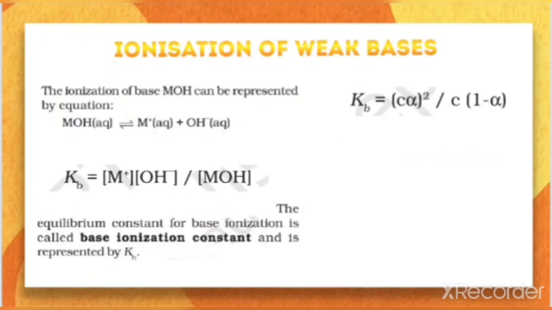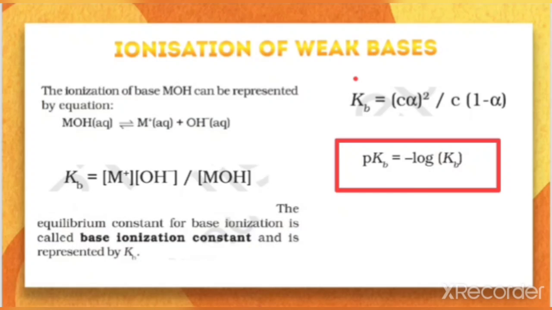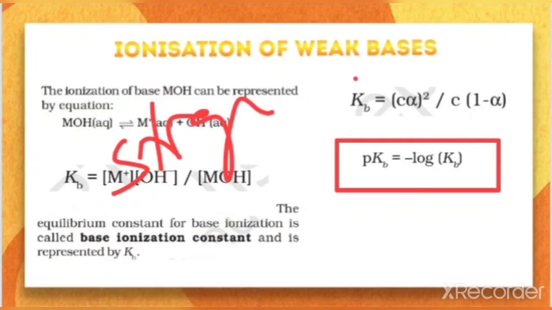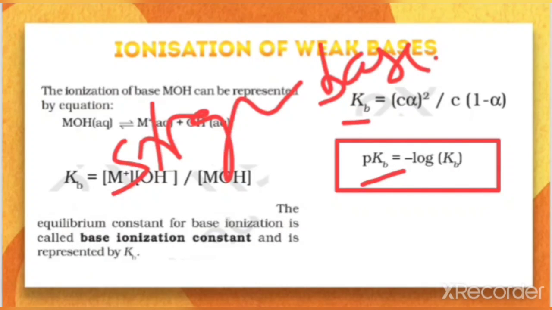So when we take the negative log of Kb, we use the term pKb. If the value of Kb is greater, we can say that it will be a stronger base. But if the value of pKb is greater, it will be weaker, because pKb is the negative log of Kb.